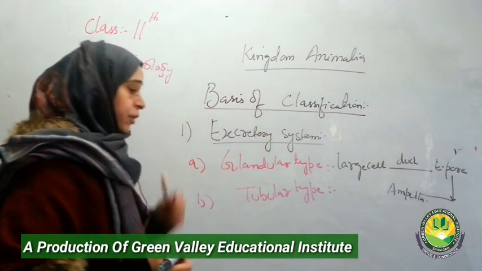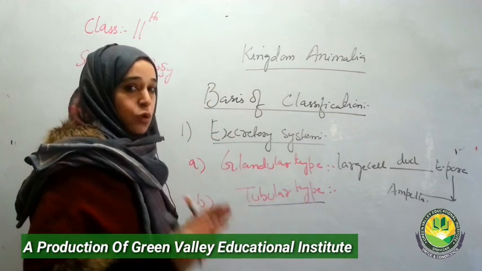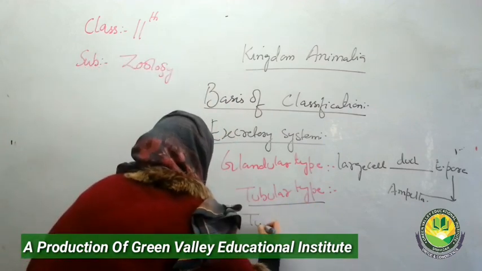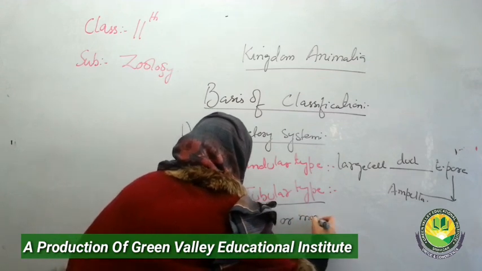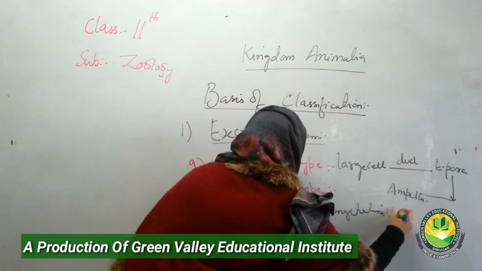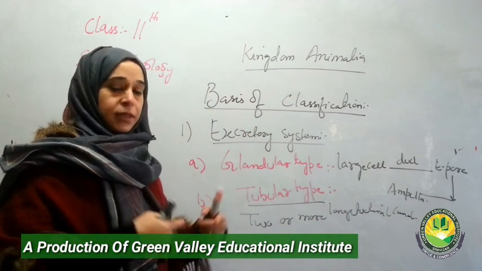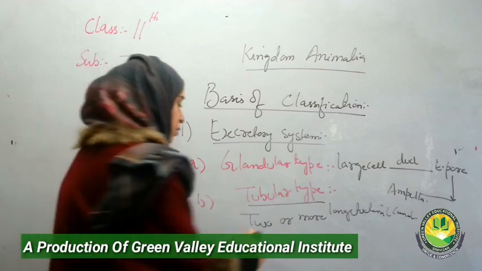And when we talk about the tubular type, in this type there is the presence of two or more than two longitudinal canals. These canals are then interconnected by crisscross canals.